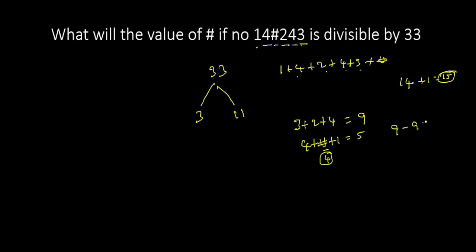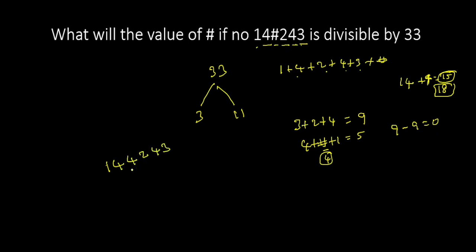So 9 minus 9 will become 0. We have been calculating for the minimum. When I substitute 4 instead of hash, the digit sum becomes 18, and in that case also it is divisible by 3. So this hash has to be substituted by 4, and we get the answer 1, 4, 4, 2, 4, 3.